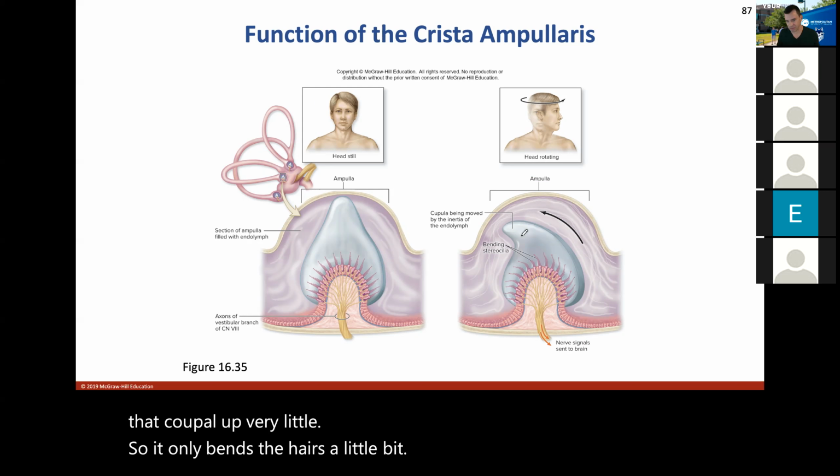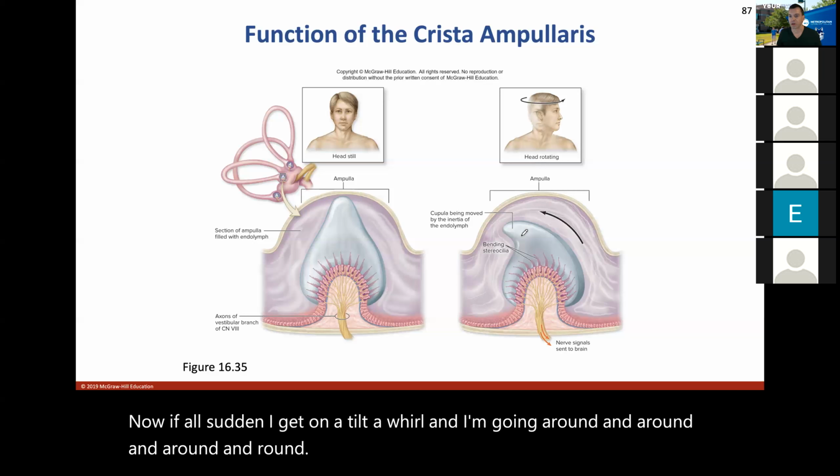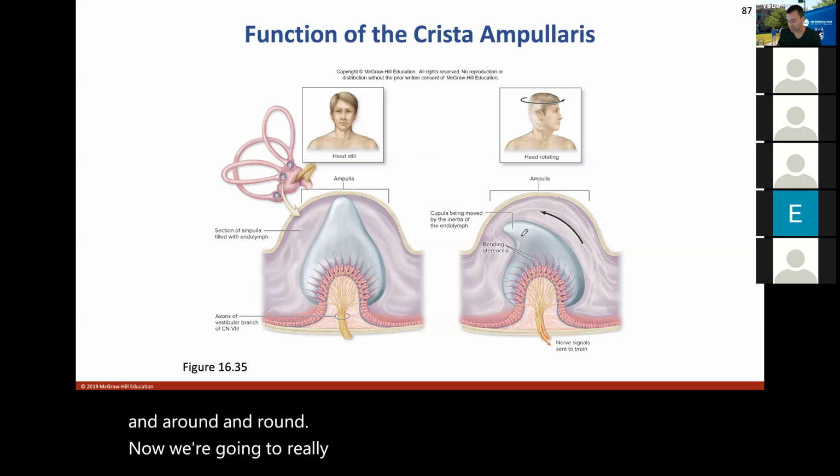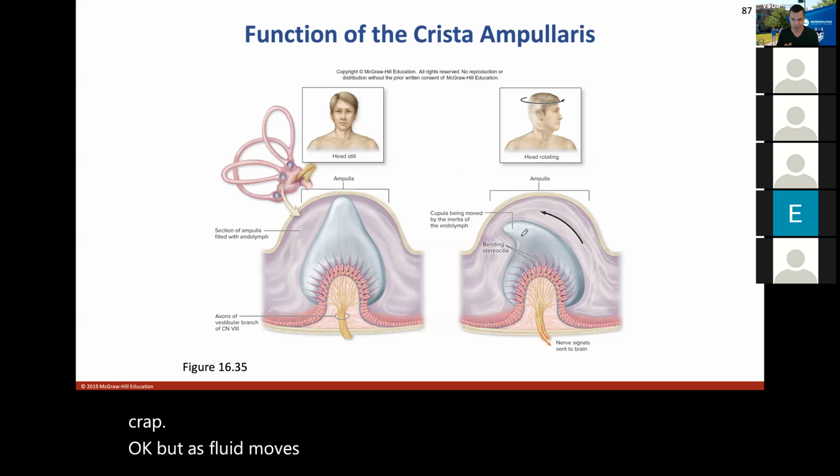I can handle that. Now, if all of a sudden I get on a tilt-a-whirl and I'm going around and around and around and around, now we're going to really bend those stereocilia and I'm going to feel like crap. Okay. But as fluid moves within that semicircular duct, that endolymph pushes against that cupola.